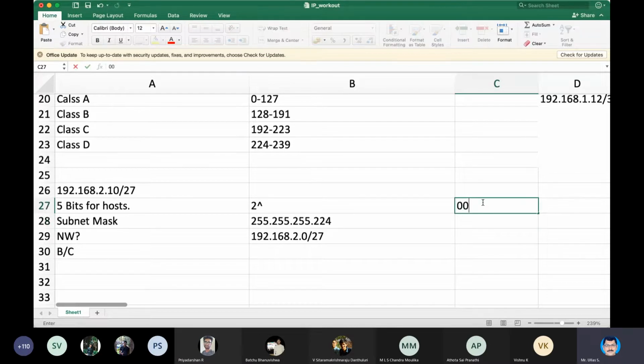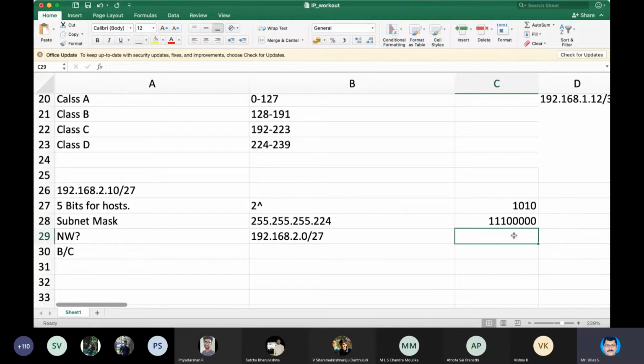This is 10's binary equivalent, 4 zeros and 1 0 1 0. 224's binary equivalent is 1 1 1 and then 5 zeros.